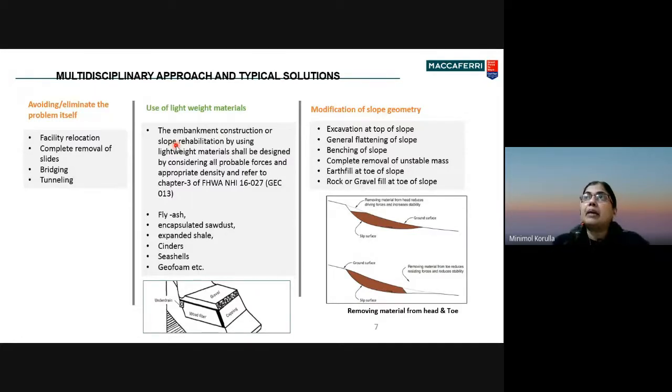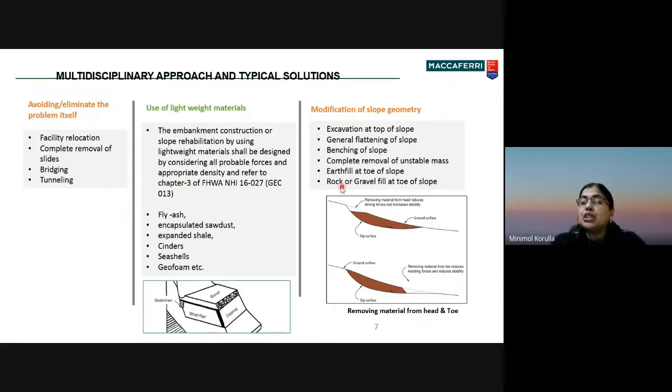So for an embankment, or where we have to do construction or cutting or filling in a hill road, if we are using lightweight materials for the embankment, that will have the minimum tendency to move away. So use of lightweight material is another method of reducing the issues.